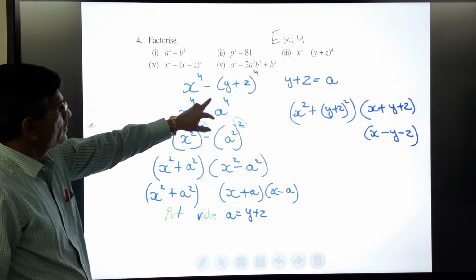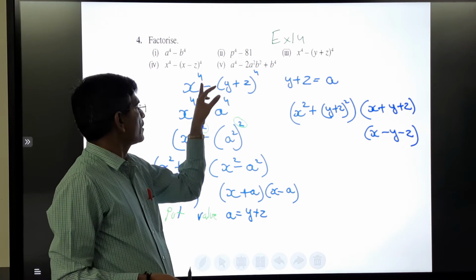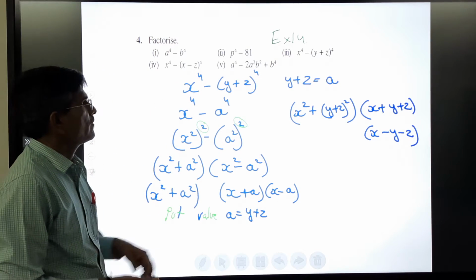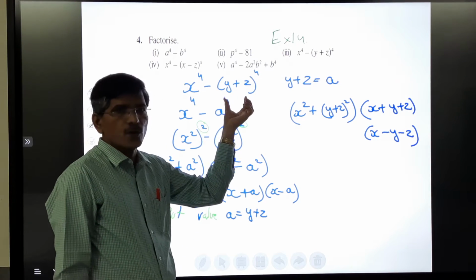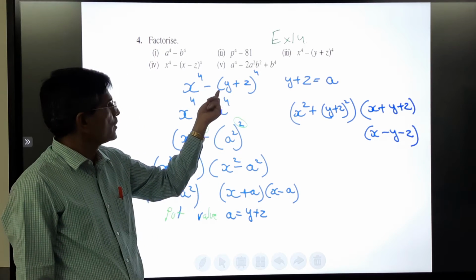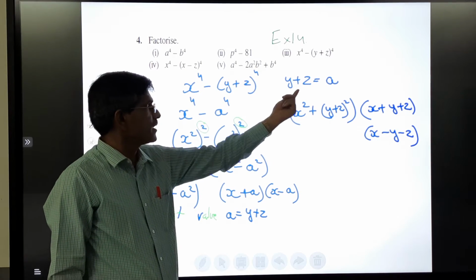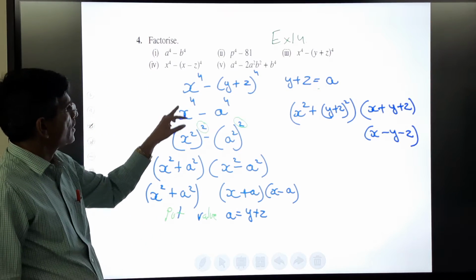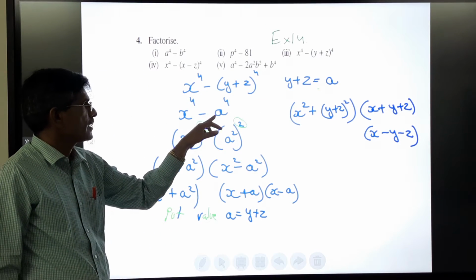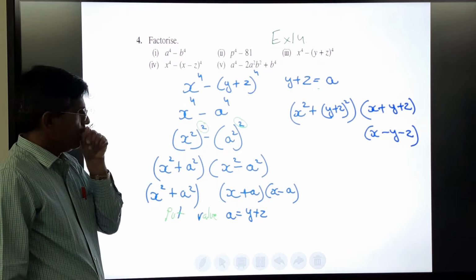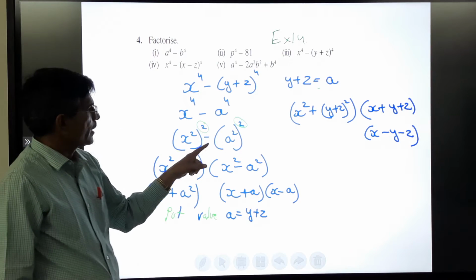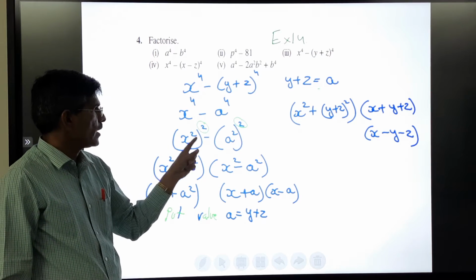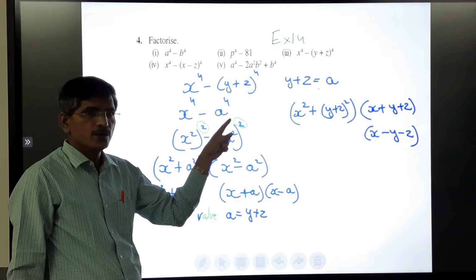Again I explain, when big terms are there, x the power 4 minus y plus z the power 4, on that time we have to shorten the question because it is too big. So instead of y plus z we have to take a. So now question is in form of x the power 4 minus a the power 4. Now difference of square we have to apply, that is x square whole to square minus a square whole to square.